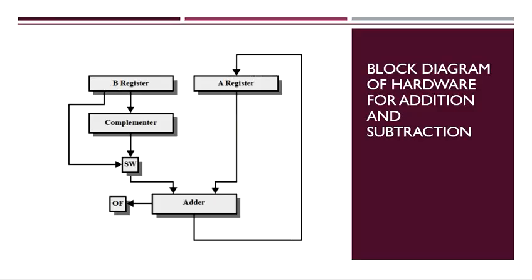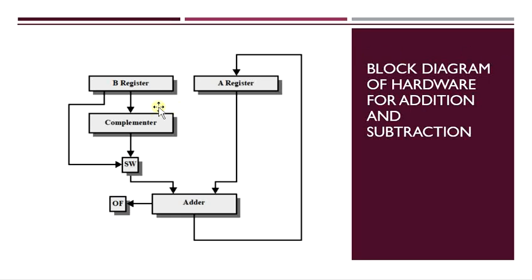This is an example of the block diagram of hardware for addition and subtraction. I'm not going to elaborate more on this block diagram. It's just to let you know that in our computer there is certain hardware that is used for addition and subtraction.